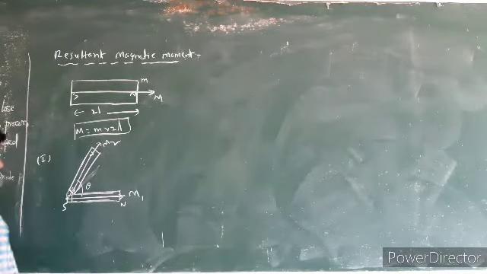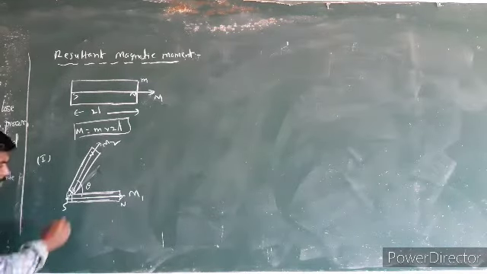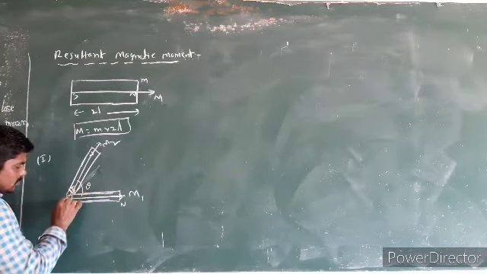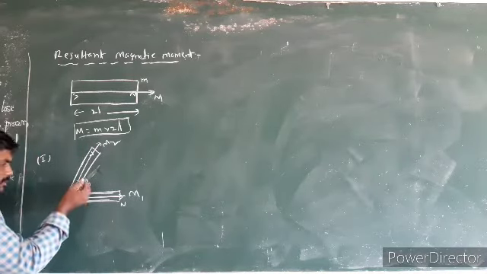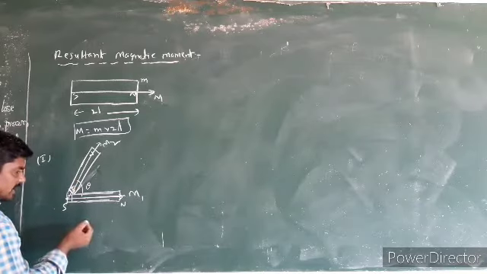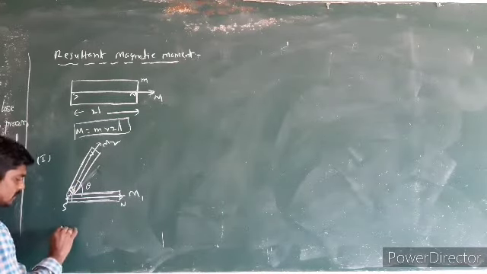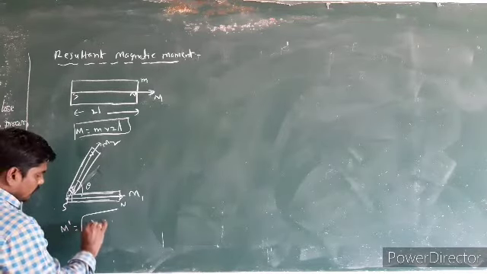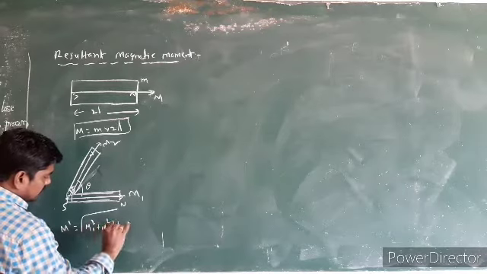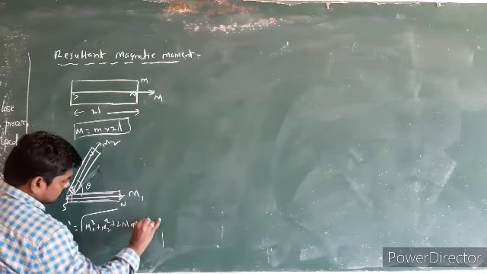If theta is the angle between the magnetic moments of the two bar magnets, and the like poles are in contact, then the net magnetic moment of this arrangement, let its magnitude be M dash, is M dash equal to root of M1 square plus M2 square plus 2 M1 M2 cos theta.